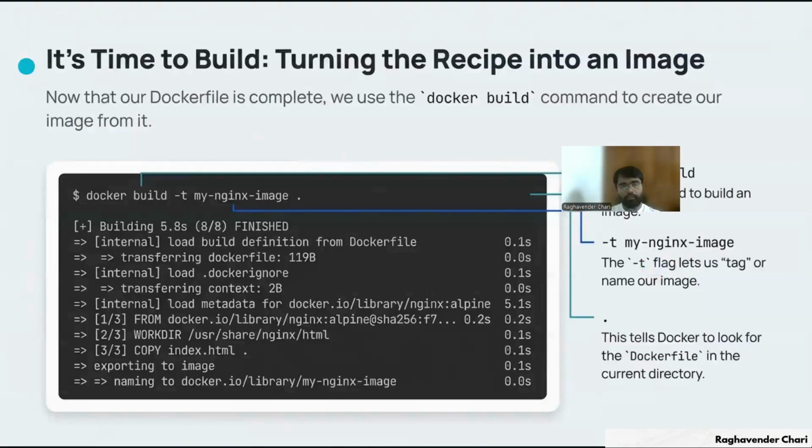Okay, so these are the steps. Now it's time to build the application. What we need to do is give docker build -t my-nginx-image. This will be our command.